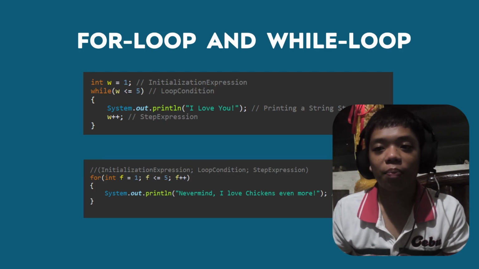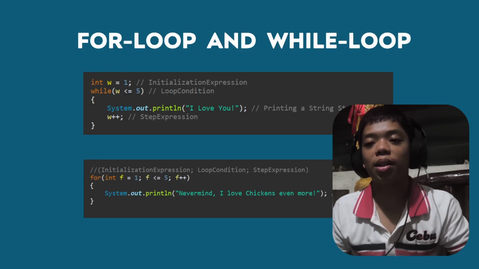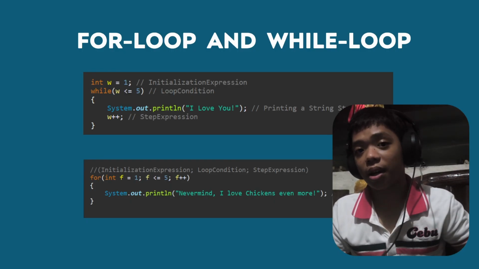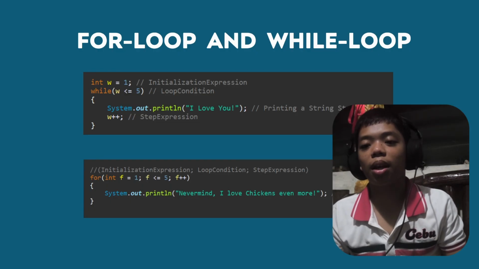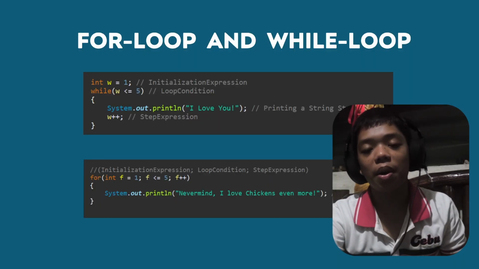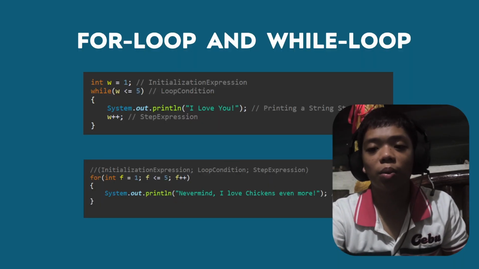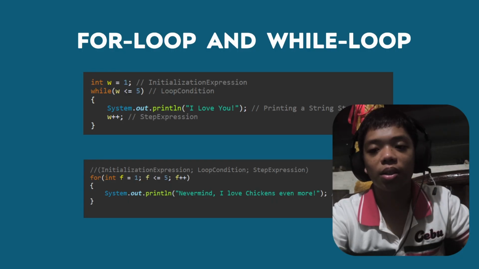As you can see, in the while loop the variable that is going to be used inside of your while loop is initialized and declared outside, while with the for loop, it can be declared inside itself. And also, with the update or the step expression, in the while loop it is inside of the body. But with the for loop, it is inside of the three parts of the for loop.